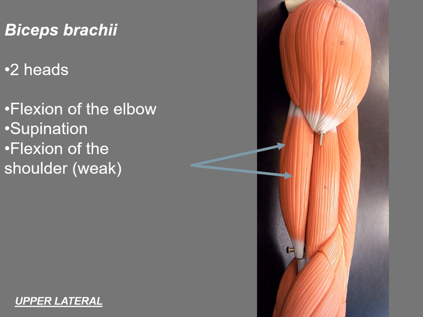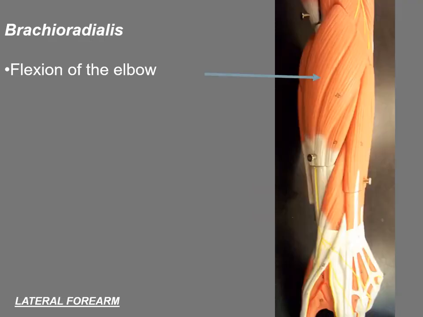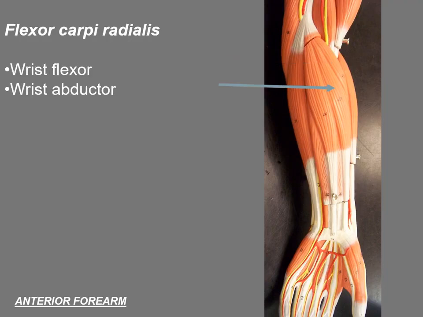So you can have several different types of movements from one muscle. The brachialis is involved with flexion of the elbow. The brachioradialis is also involved with flexion of the elbow. Sorry, I reversed this too. So it's not just one muscle that's going to contract typically for certain movements. Pronator teres for pronation, as the name implies.